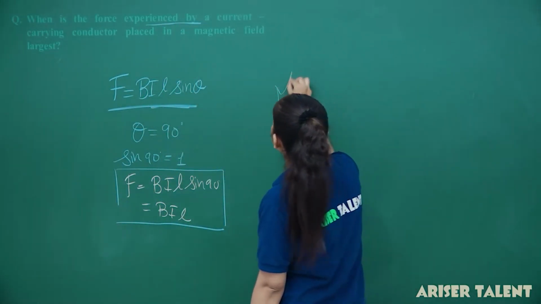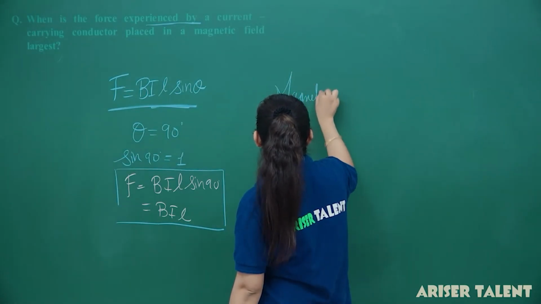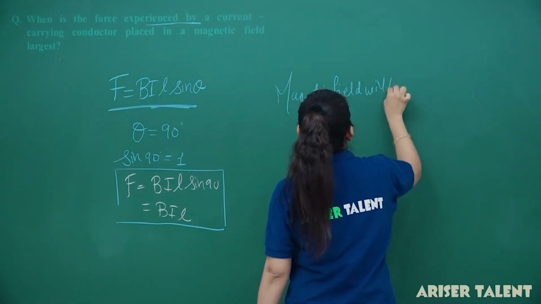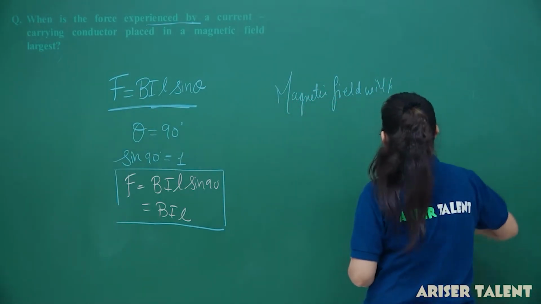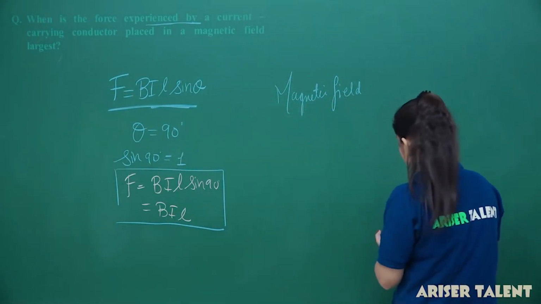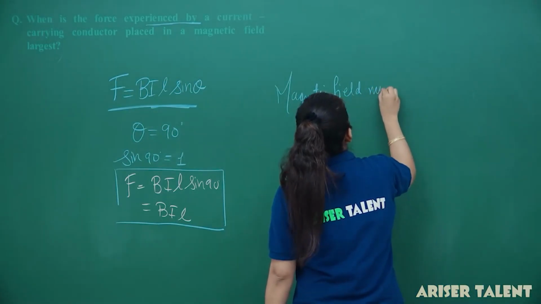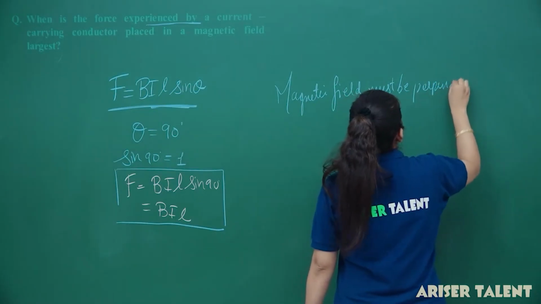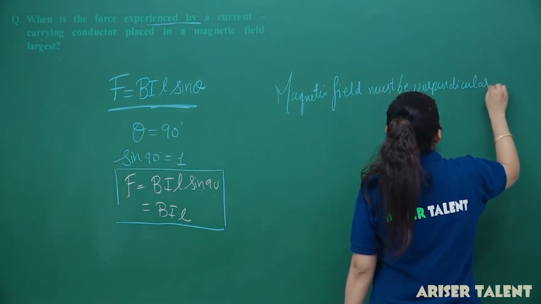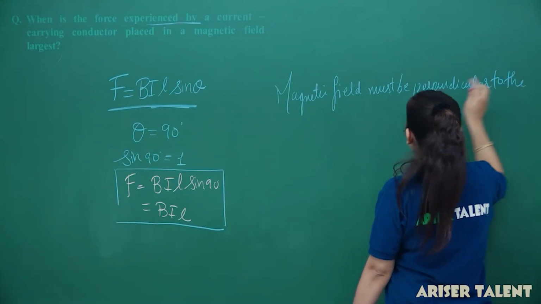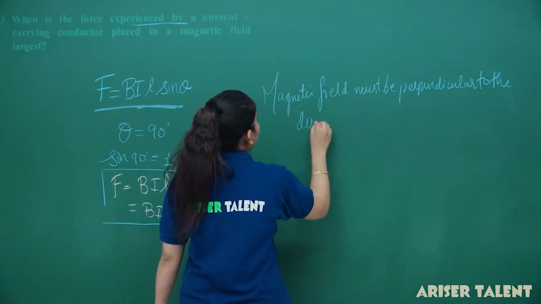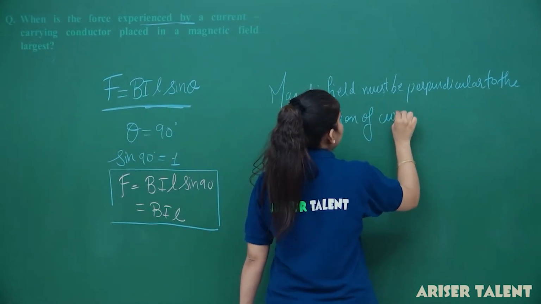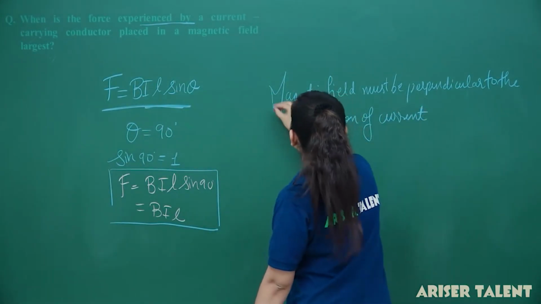So what is the correct answer here? The magnetic field must be perpendicular to the direction of current, and in that case only the force will be largest on a current carrying conductor.